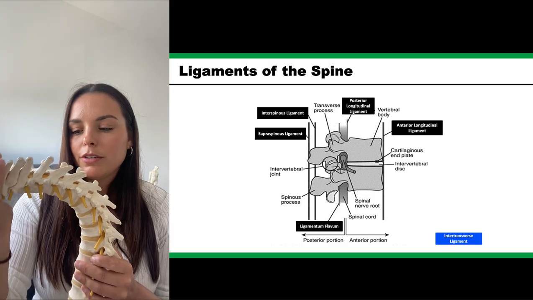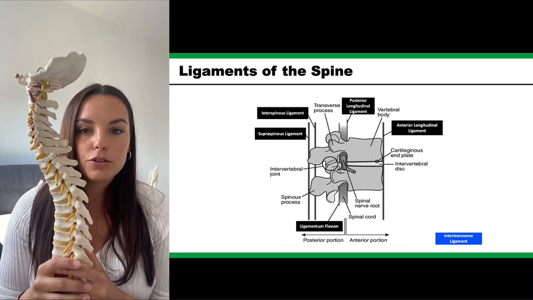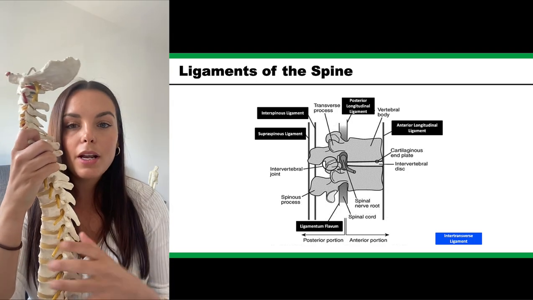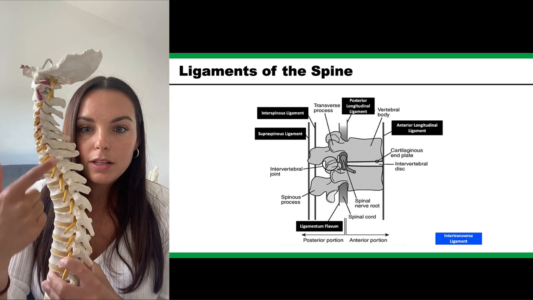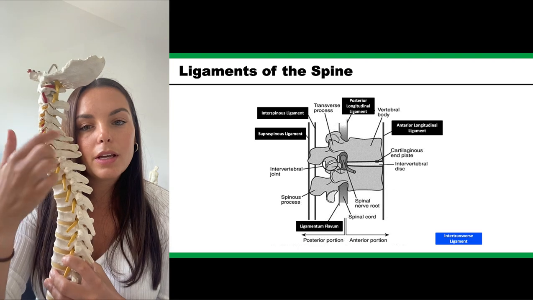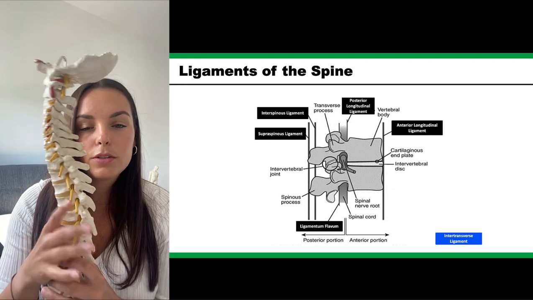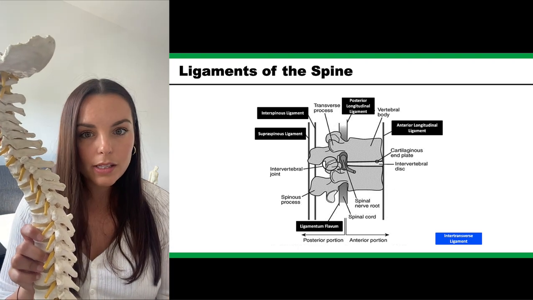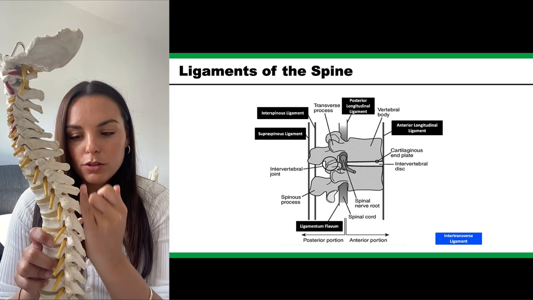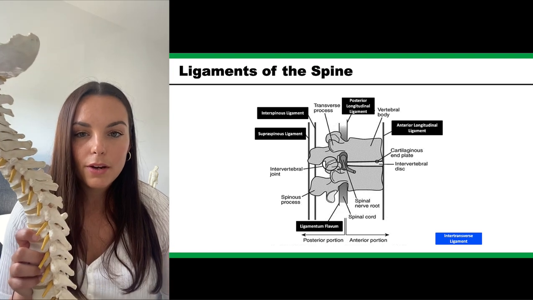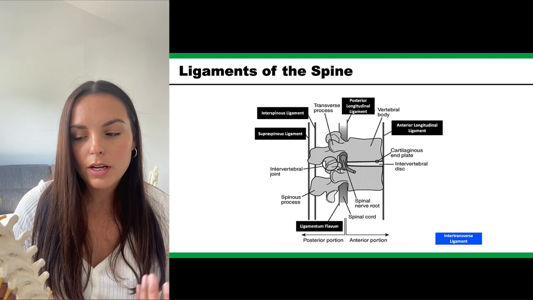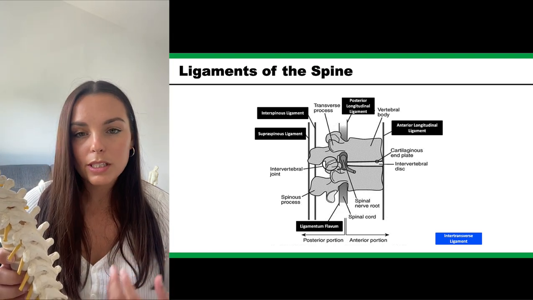Now there's quite a few different ligaments that get pulled tight during flexion of the spine. There's the posterior longitudinal ligament, the ligamentum flavum, the intertransverse ligament, the interspinous ligament, and also the supraspinous. So out of those, which one is bearing the greatest load? Which one is really helping to limit that motion?